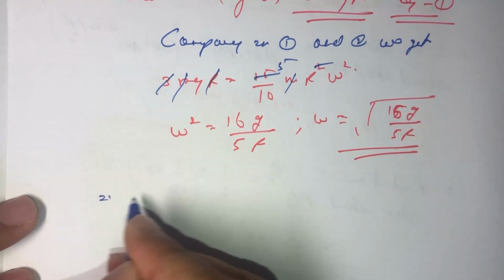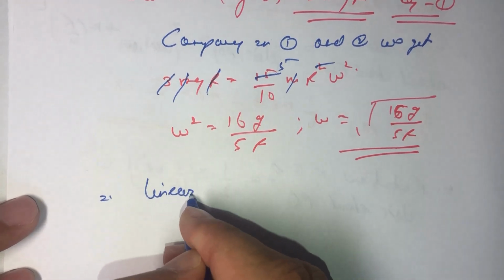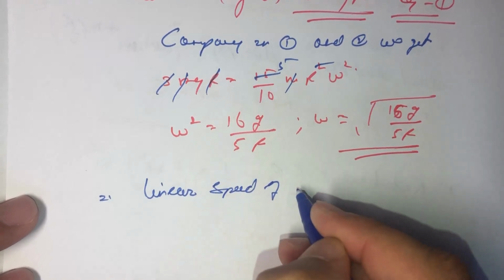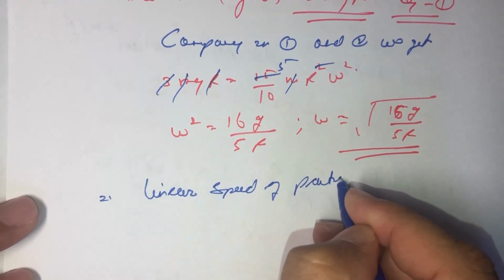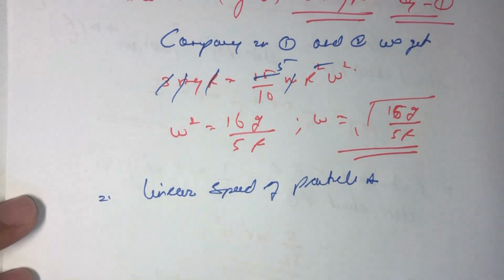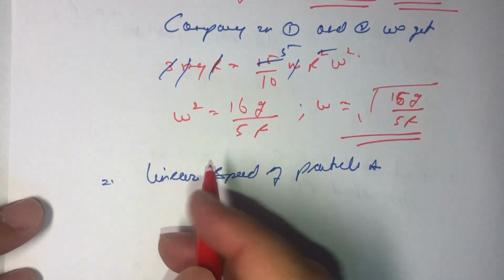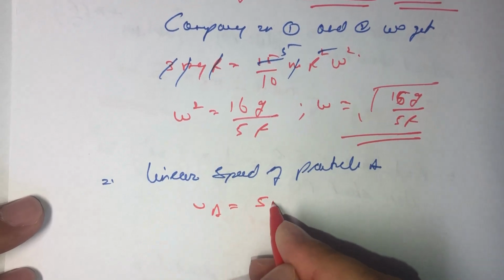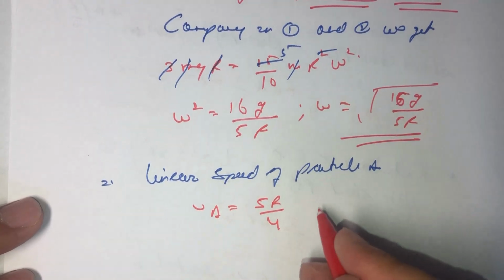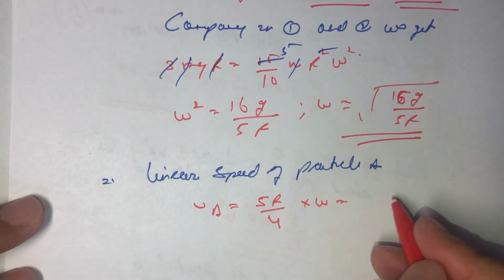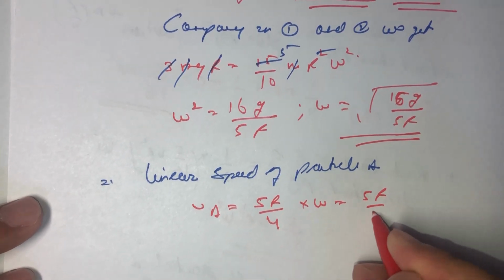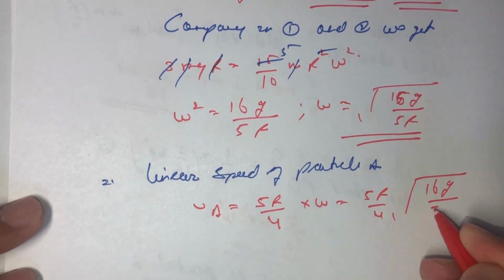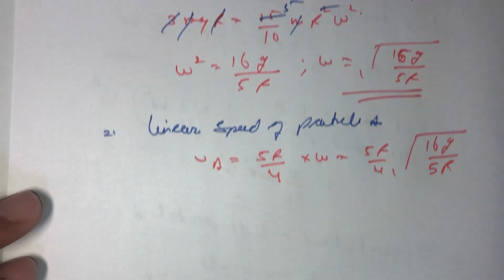Therefore the linear speed of particle A, which is given as VA, is equal to 5r upon 4 multiplied by omega, and this becomes 5r upon 4 times the square root of 16g upon 5r.